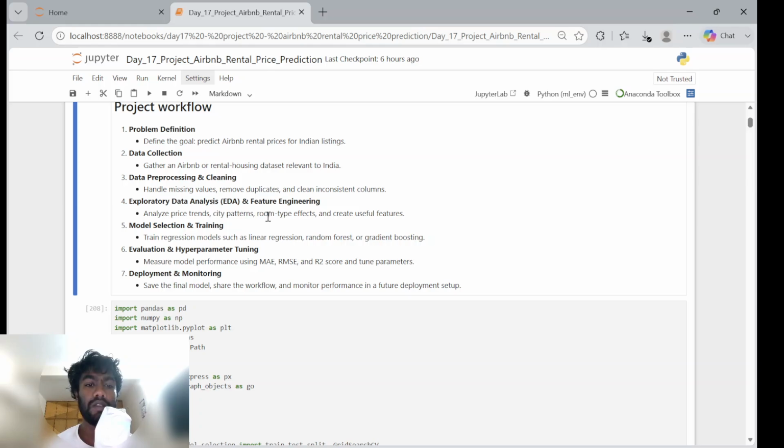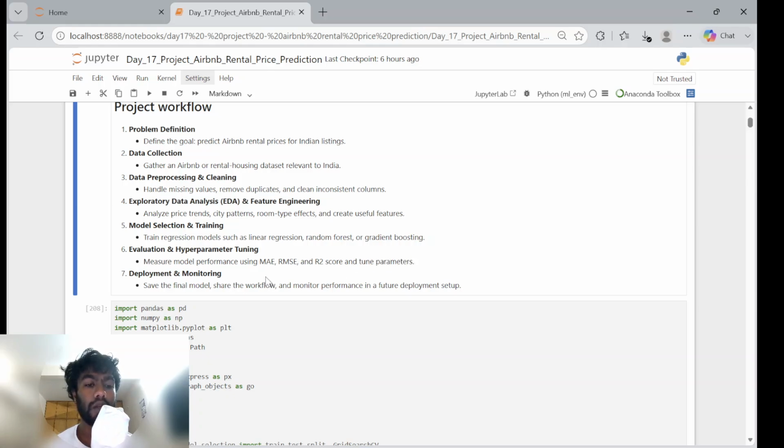Exploratory data analysis and feature engineering is something that we are going to do with a lot of graphs and visualizations. We are going to start off with a simple linear regression and also compare it with other models such as random forest and decision tree, and evaluation with hyperparameter tuning, mainly measuring with MSE, RMSE, and R square values to tune parameters.